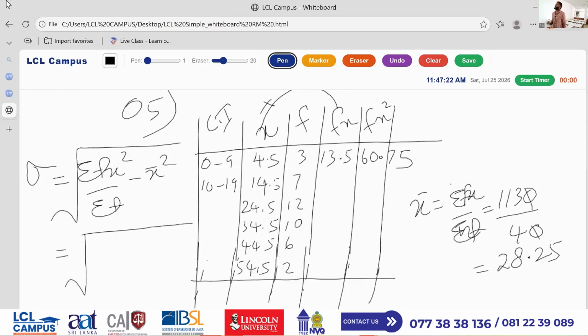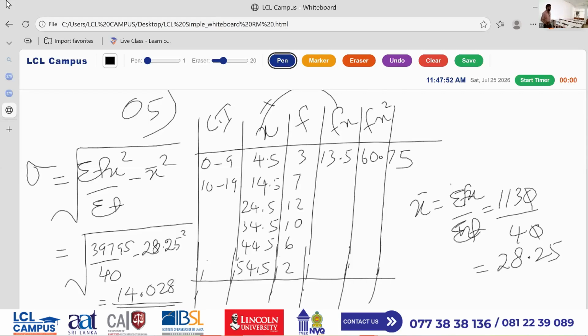Sigma fx squared is 39,795 over 40 minus 28.25 squared. After solving, what is the answer again? It can be 14.0. Now we'll confirm using the calculator.